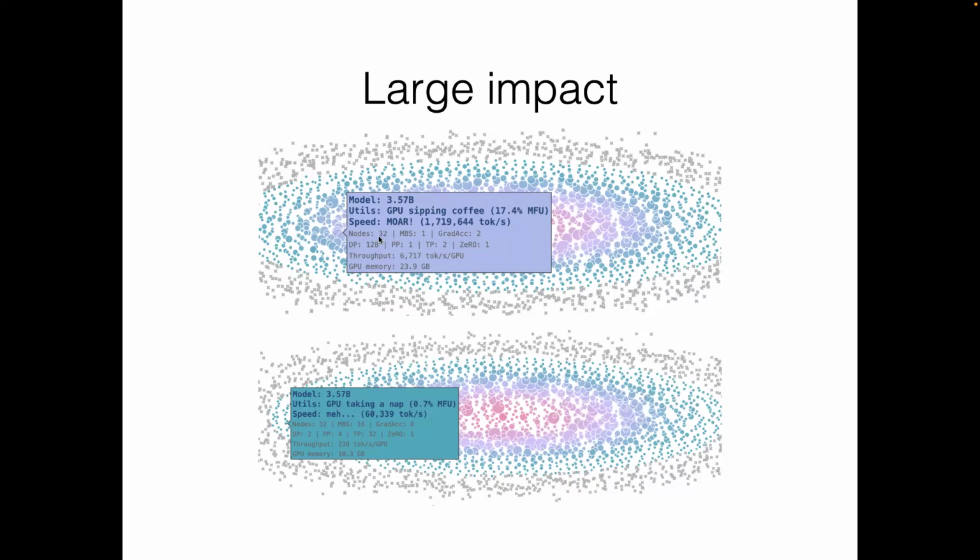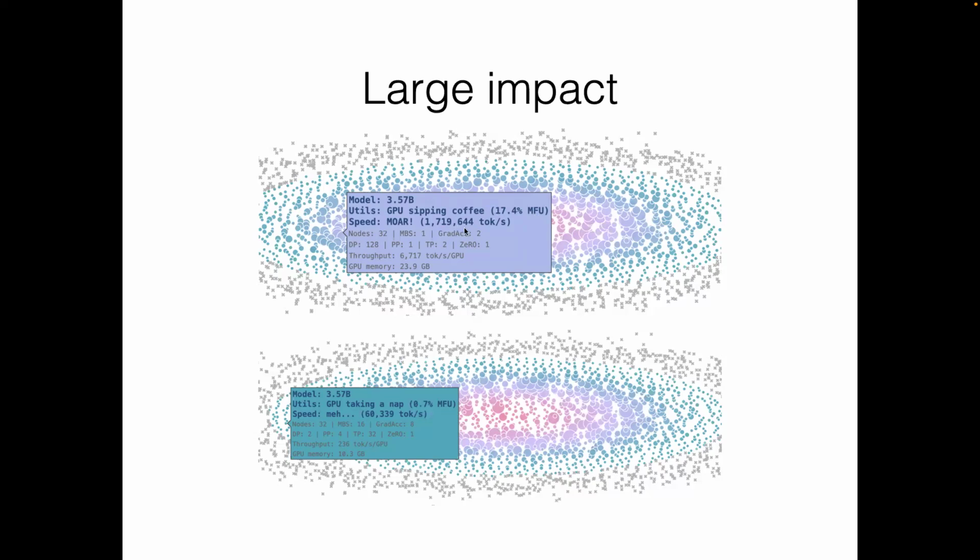And you can see the parameters here. So there's like 32 nodes, something called MBS1, something called TP2, and so on. And then this one has a different configuration. And then you can see these different metrics. So this one, MFU, and we'll go over this. You can see that they're much different for these two different configurations.